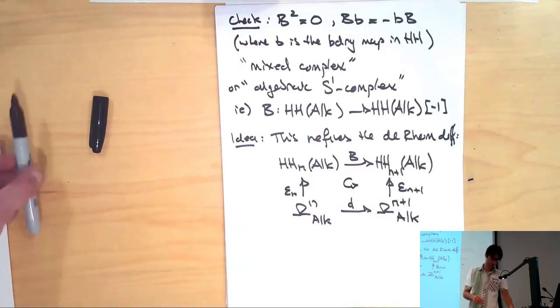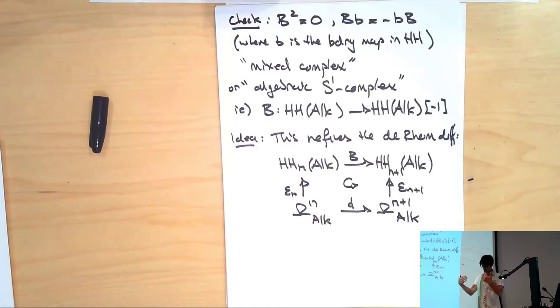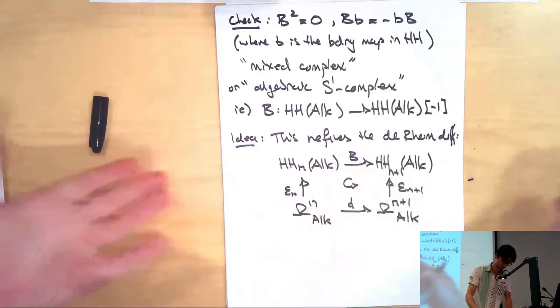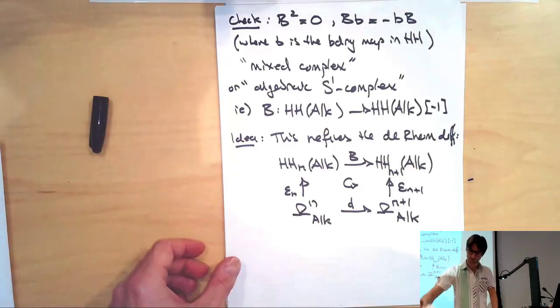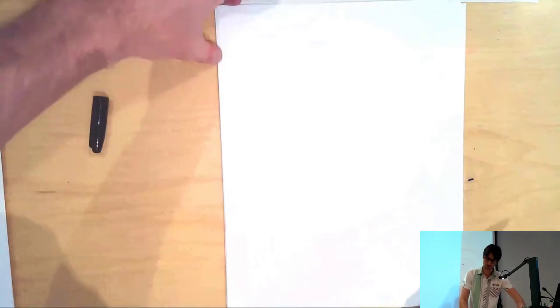So not only are we saying that this Hochschild complex, that its homology recovers the terms in the de Rham complex, we're even saying that the de Rham differential, which appears in the de Rham complex, lifts to this complex. Some of the entire structure of the de Rham complex has been lifted in some homological fashion. And so we're now going to sort of pretend we were trying to construct de Rham cohomology, but we're going to do it to the Hochschild complex.